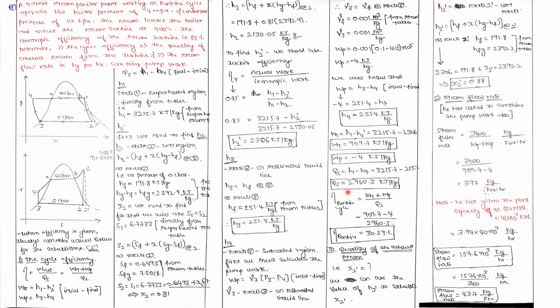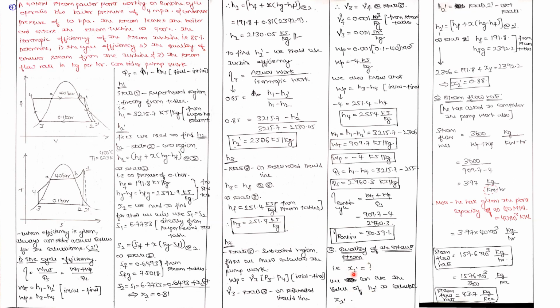But the second question he has asked is the quality of the steam at exhaust. See, we have found out X2, but we did not find what is X2 dash, correct? That is the actual dryness fraction at the turbine exhaust. So how do you find it?